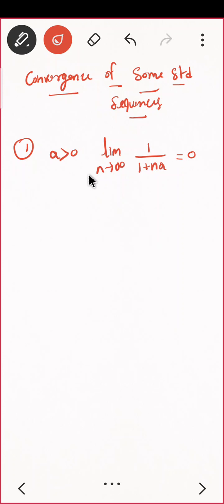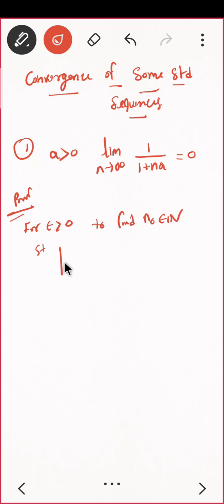If you come to proving it, then what should you do? Let me quickly do the proof. For given epsilon positive, we need to find n naught belonging to the natural numbers such that mod of 1 upon 1 plus n minus 0 is less than epsilon for all n greater than or equal to n naught.